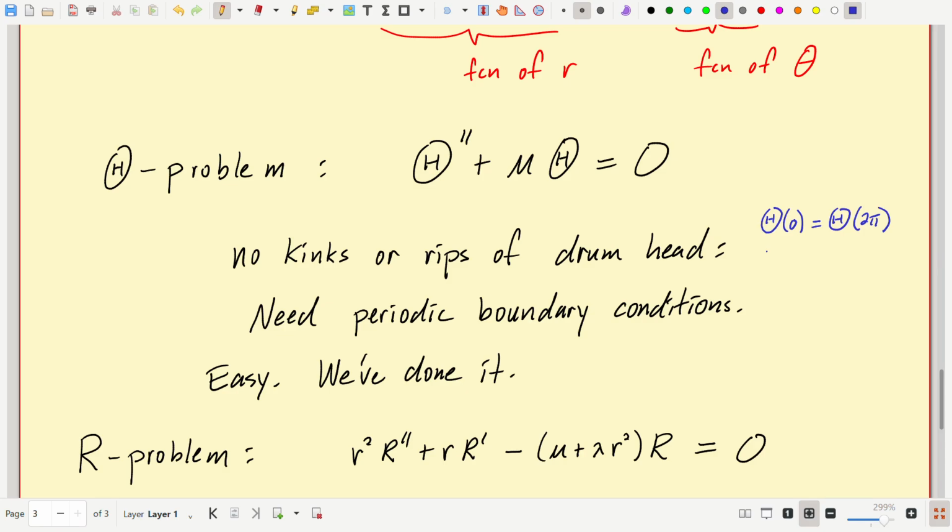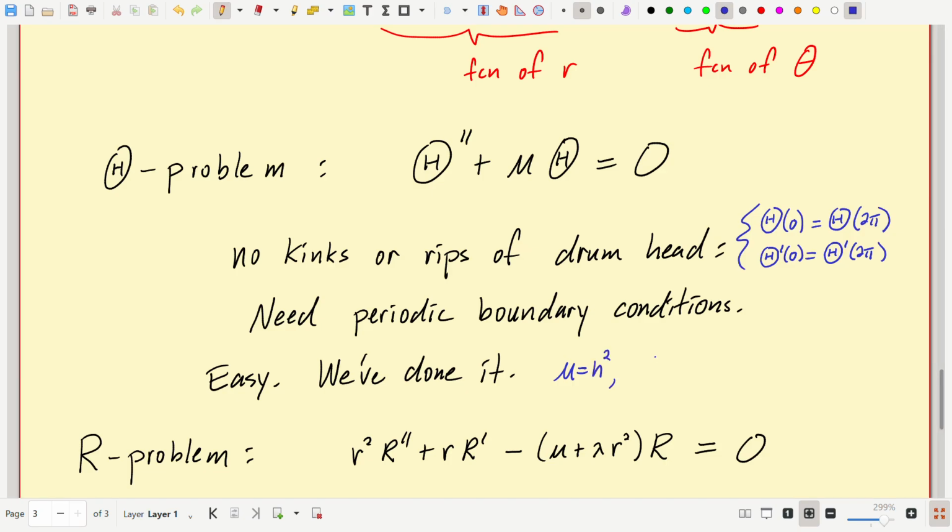Otherwise, it would be ripped along that thing. And also, for there to be no kinks, I would need the derivatives to match up. So theta prime at 0 needs to hook up with theta prime at 2 pi. Those are the famous periodic boundary conditions. And we've done it before, and that's how we get the mu's. The mu's have to be equal to n squared.